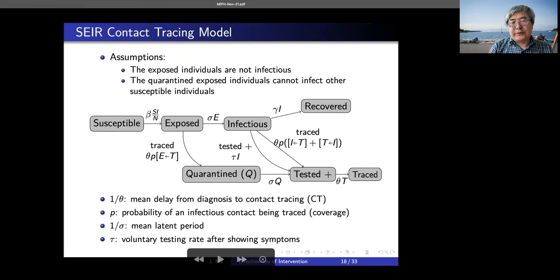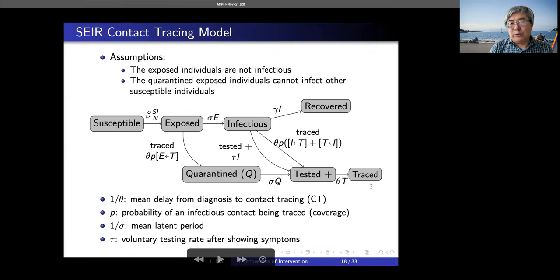This is just the standard SEIR model, but because of contact tracing, we need to keep track of quarantined individuals, those who were in the latent stage, and those who tested positive. These individuals, after a certain delay of 1/θ, would trigger contact tracing, and we track their neighbors.